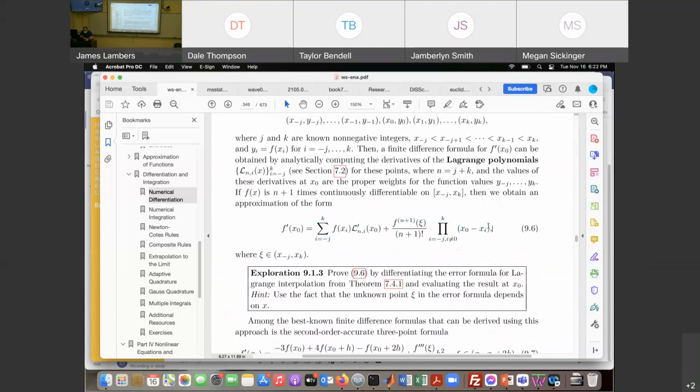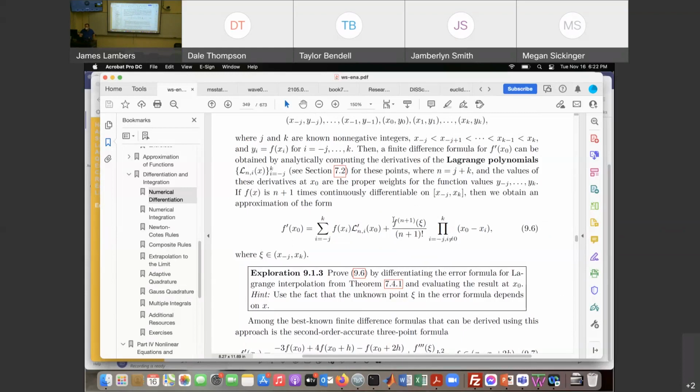And then try to simplify as much as you can. For example, any factors that do not depend on i, you can pull out of the product. But be careful algebraically. And here's what I would suggest as a way to make sure you're doing it right.